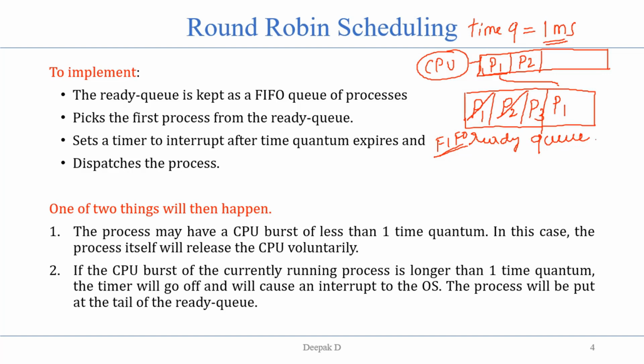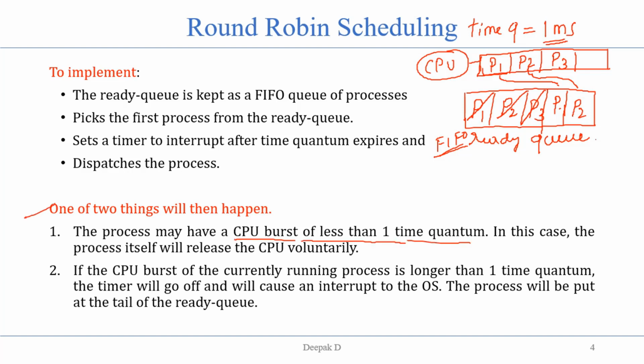After 1 millisecond, P2 is sent back to the ready queue and P3 is given a chance to execute. This keeps on repeating until all the processes complete their burst time. So this is how round robin scheduling actually works.